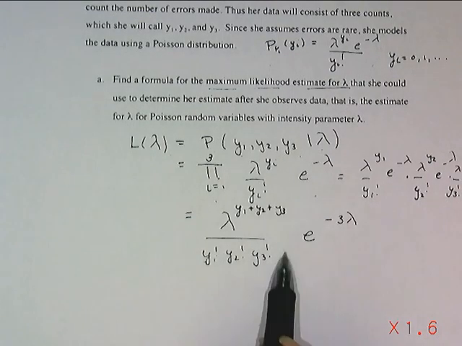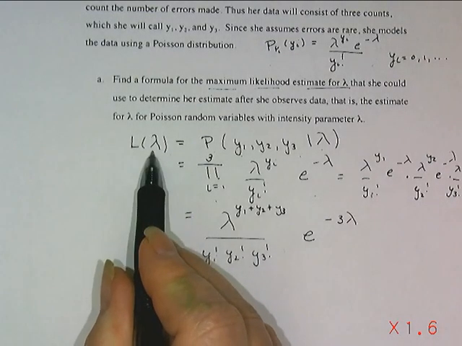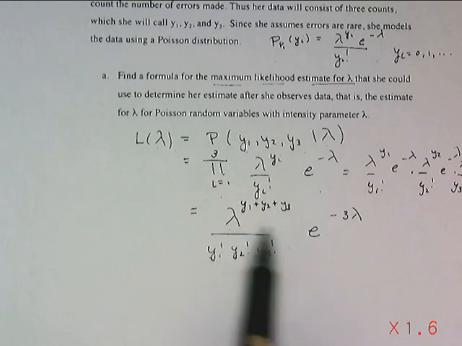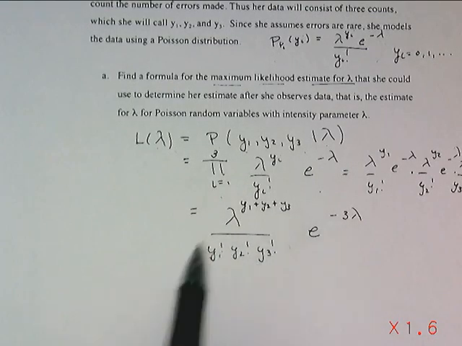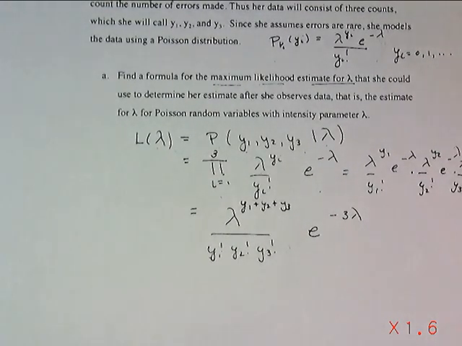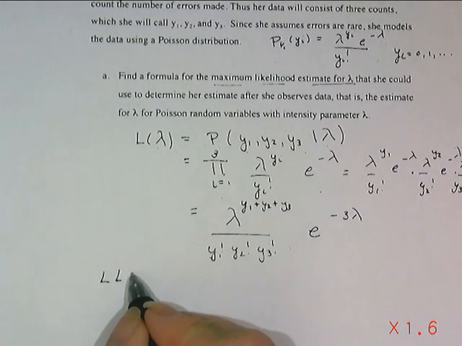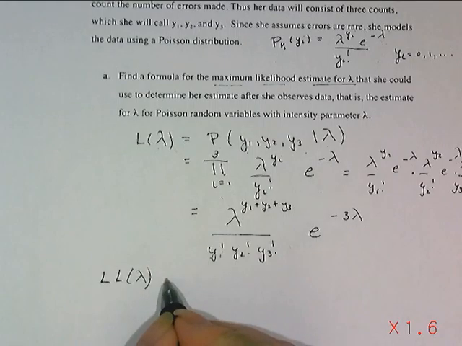Usually I ignore this denominator because it is not a function of lambda, and if I'm trying to find the lambda that maximizes this, it doesn't add any value at all. However, instead of maximizing the likelihood, I maximize the log of the likelihood.